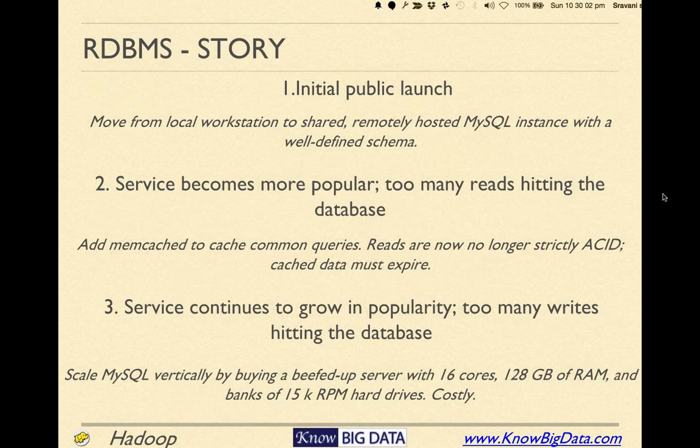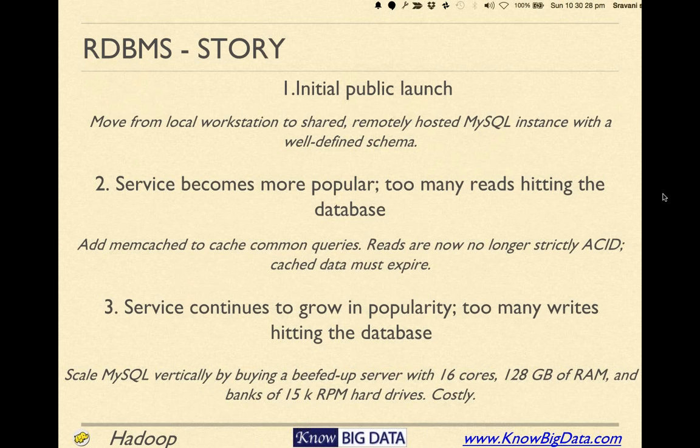So what do you do? As an experienced DBA or experienced sysadmin, all you do is scale MySQL vertically by buying really high-end servers containing 16 cores, 120 gigabyte RAM. As of today, this limit has gone really high.